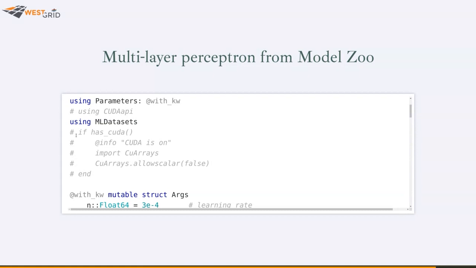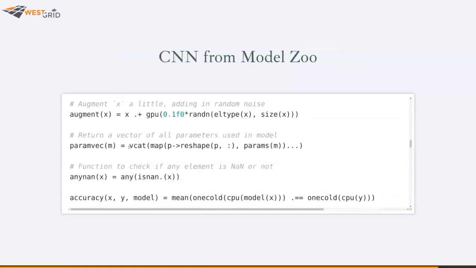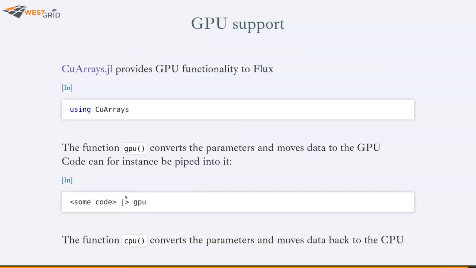So if you run this, you will get a yes or no answer. And then if you uncomment this, the result of CUDA API is going to be passed into this conditional function. And if has CUDA, then CUDA arrays is loaded, and so on. And if not, nothing happens.